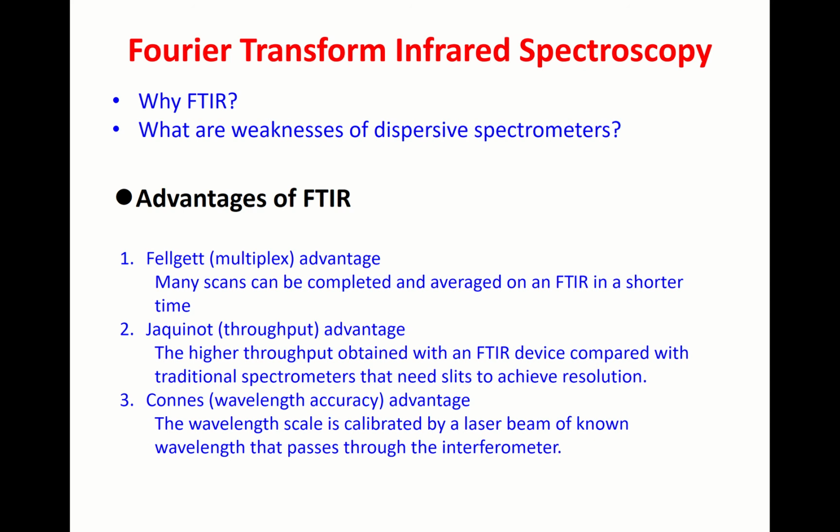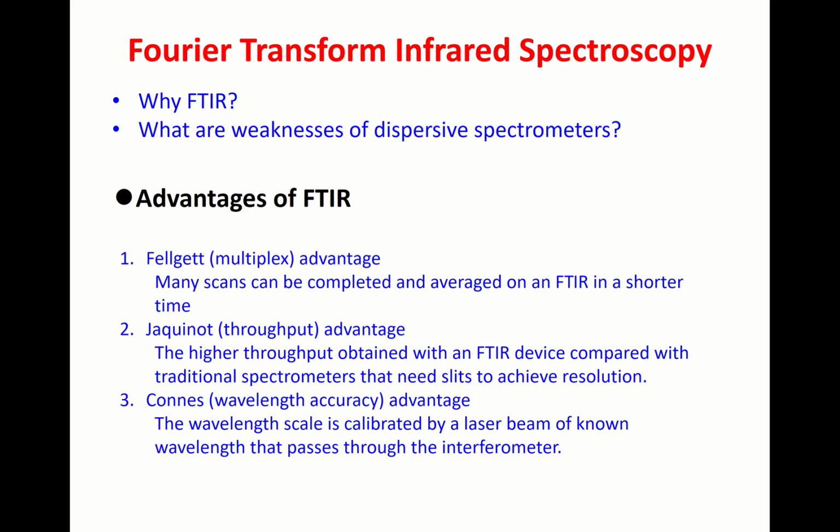So that's why we are dealing with the whole intensity at the same time. That is called the Jacquinot advantage, and the last advantage is called the Connes advantage. Another name is the wavelength accuracy advantage. In a dispersive instrument, however precisely you make the instrument, there is an error in wavelengths.